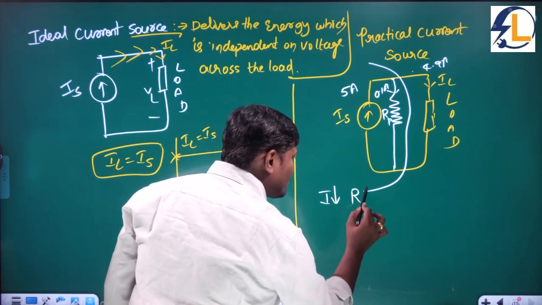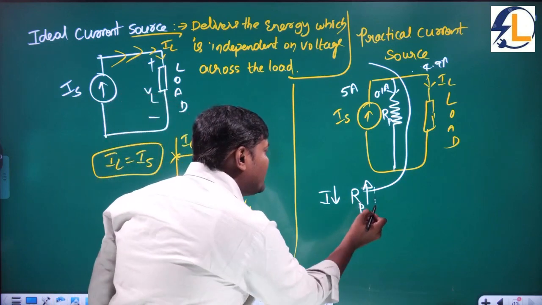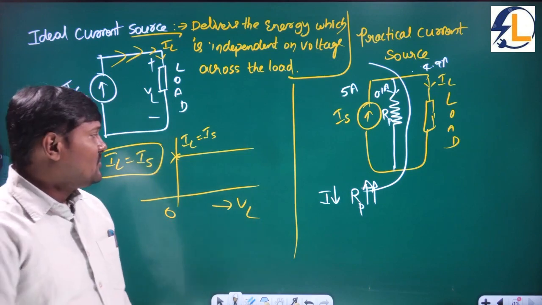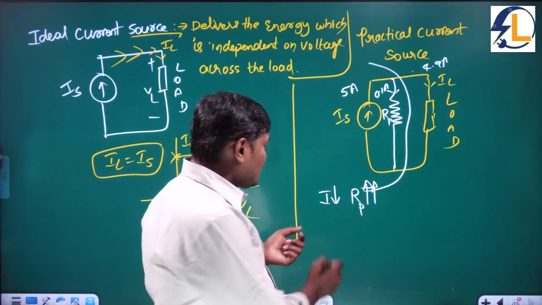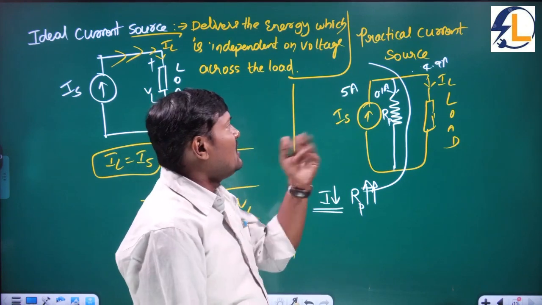So whatever the resistance you design, the RP value has to be very high. Then, as the RP value increases, the current through it decreases, and most of the current passes through the load only.